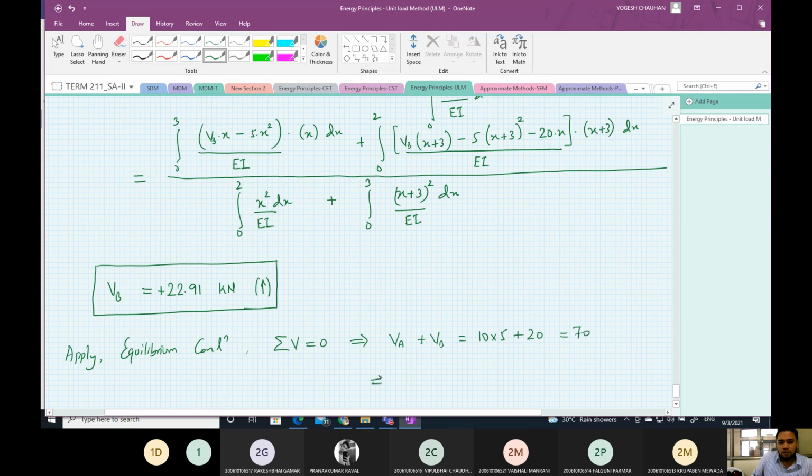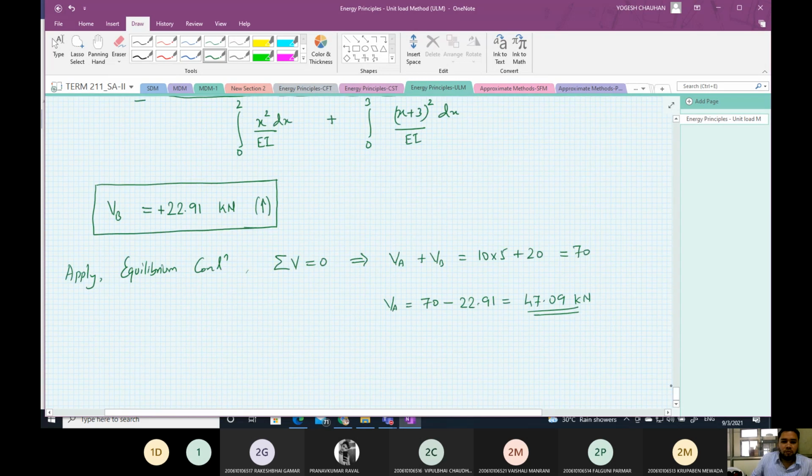So you will get VA as 70 minus 22.91, that is 47.09 kilonewton. Same way, you apply the summation of moment equals 0 at A, you will get the reaction MA.